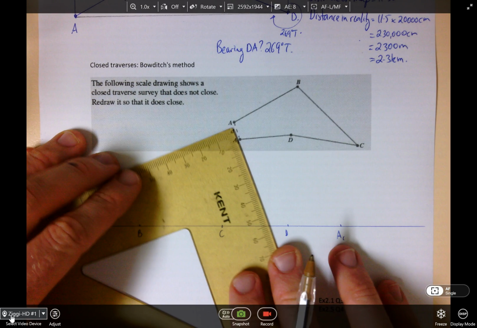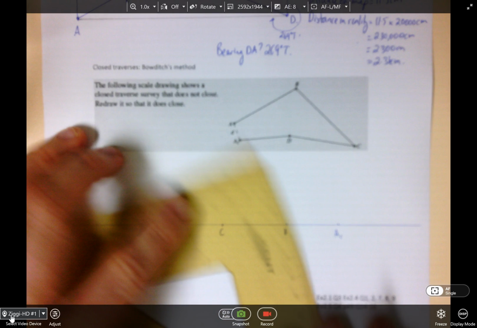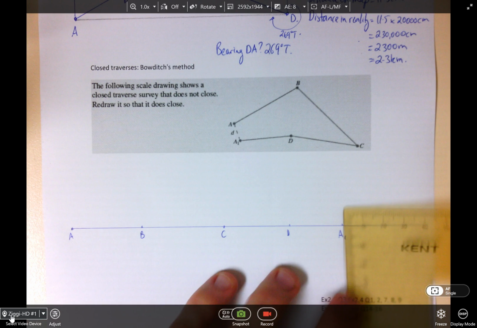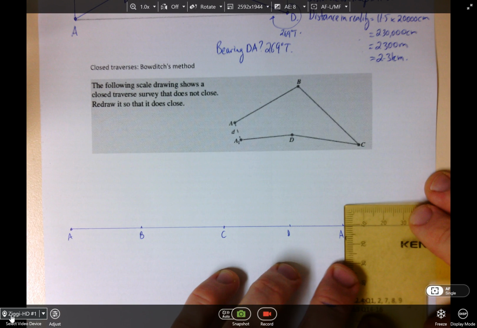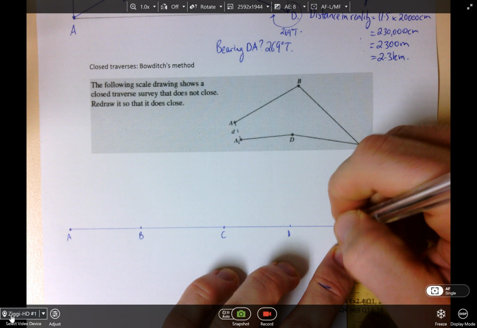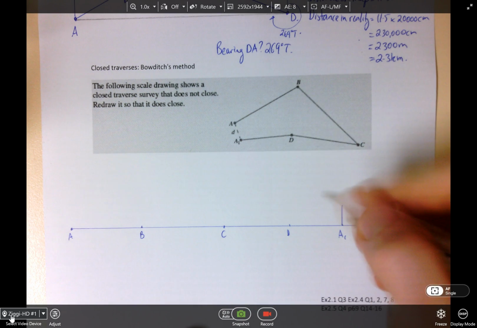So this difference here, this 1 centimeter, I'm going to mark vertically here. Okay, this is my error.